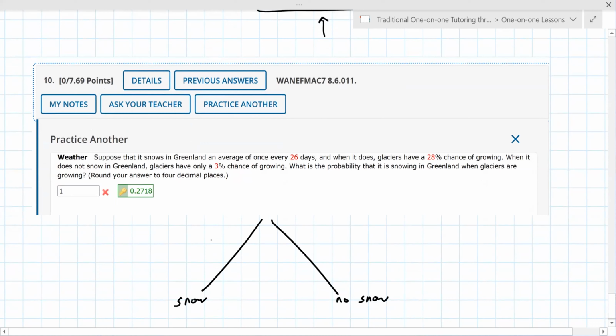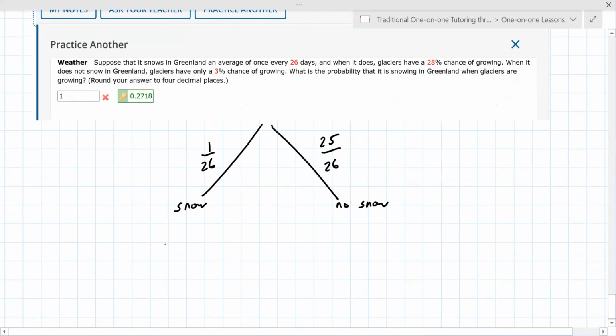So it snows once every 26 days, and no snow is 25 out of 26 days. These trees are important usually. When you get snow, growing glaciers is 0.28, but not growing is 0.72, because these have to add up to 1.